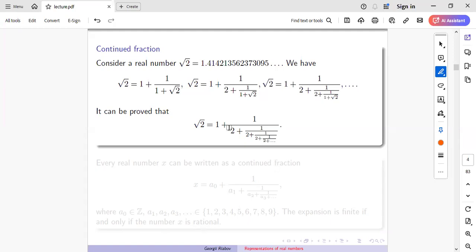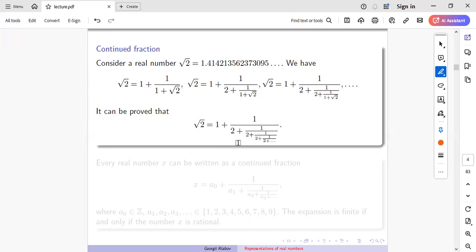Once again, this means that if we write this long fraction and stop at some point, we will get a rational number which will become closer and closer to root of 2.